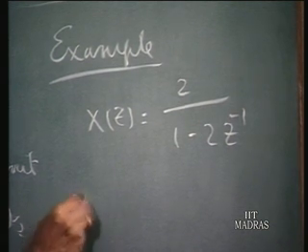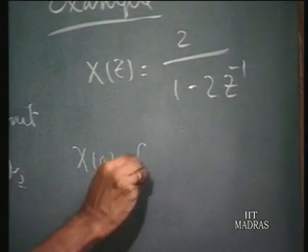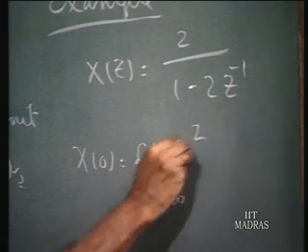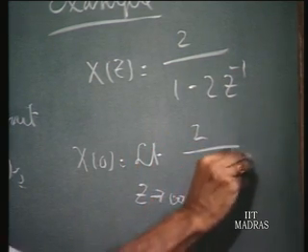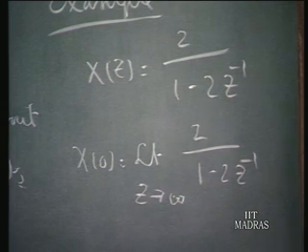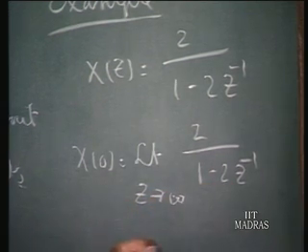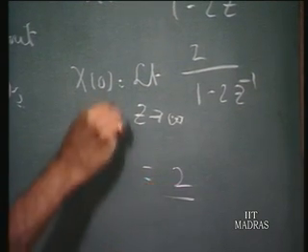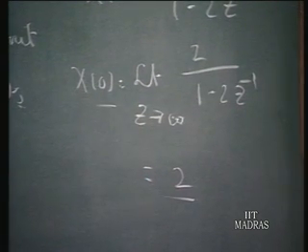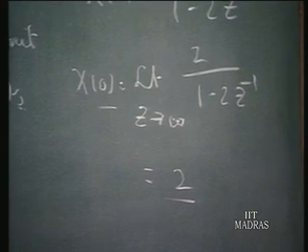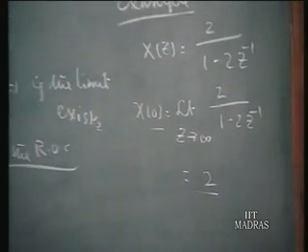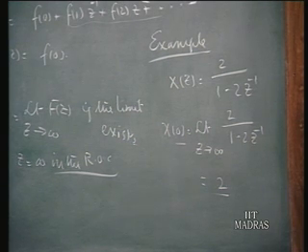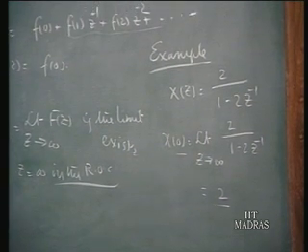Therefore, from this you can find x0 as the limit as z goes to infinity of 2 upon 1 minus 2 power 2 times z minus 1, and as z goes to infinity the second term becomes 0, so 2 divided by 1, that is 2, x0 equals 2. When you are talking about z transforms of discrete time functions, there is nothing like 0 plus or 0 minus, there are only values at discrete points, therefore x0 equals 2. So this is an application of the initial value theorem.